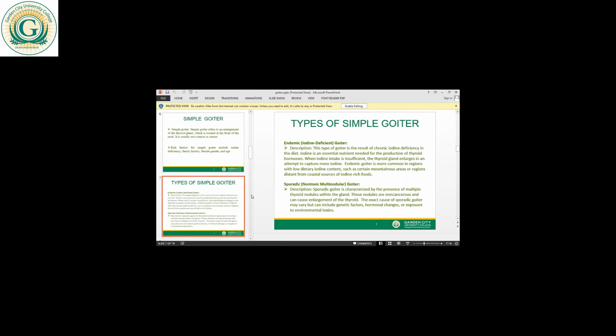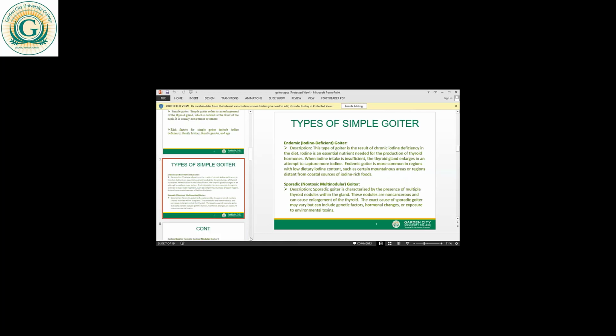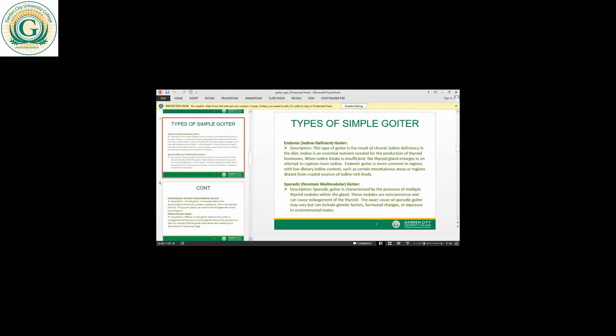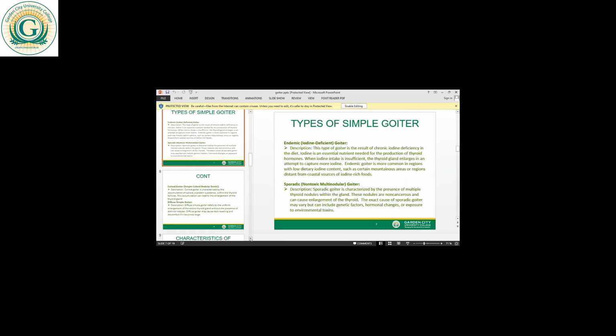So we'll now come to the types of simple goiter. Under simple goiter, we have 4 main types. The first one is the endemic goiter or iodine deficiency goiter. It's a type of goiter that is a result of chronic iodine deficiency in the diet. Iodine is an essential nutrient needed for the production of thyroid hormones.